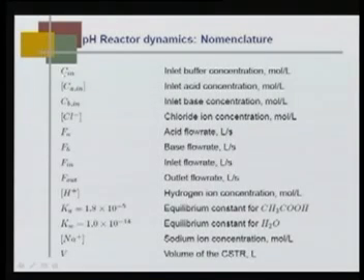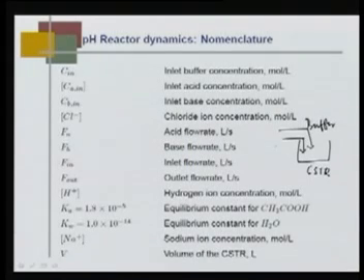C stands for concentration, and this is the inlet buffer concentration, because if this is my CSTR, we have 2 inputs, one is the buffer, another is the actual input stream whose pH has to be controlled.